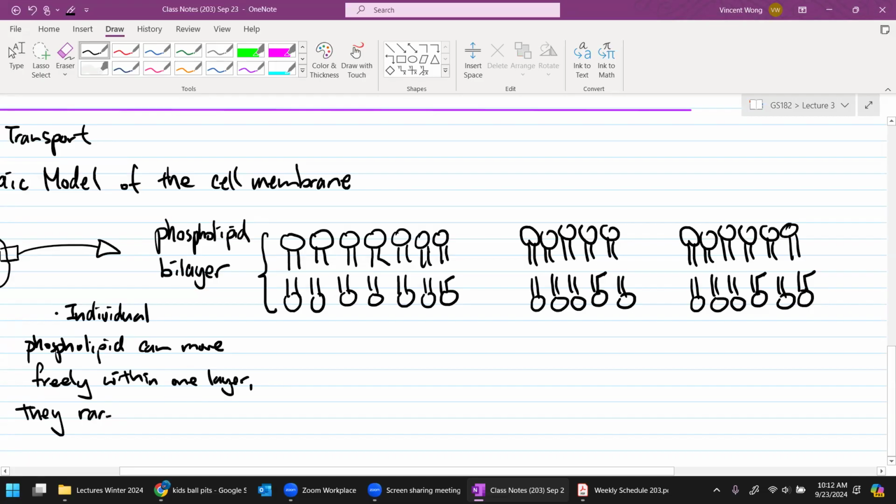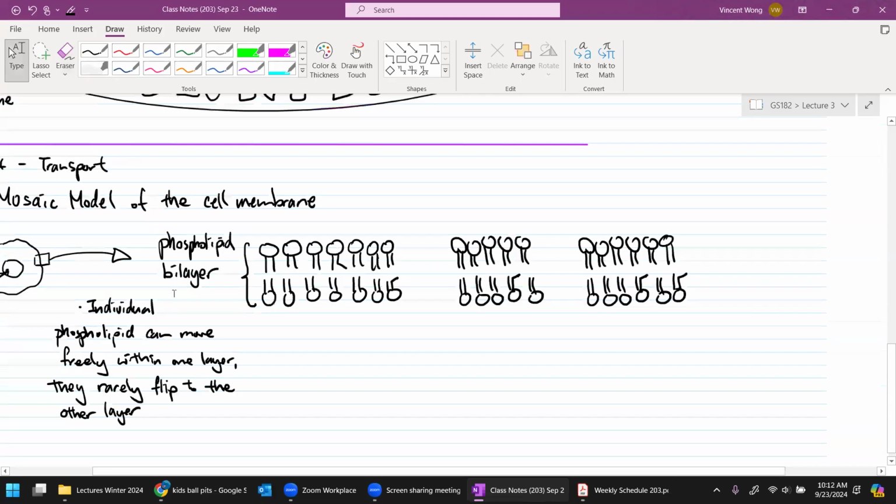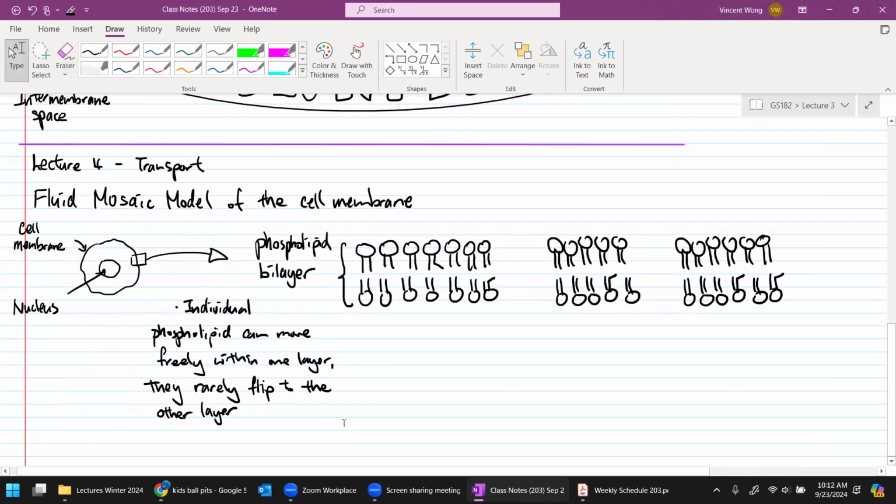They rarely flip to the other layer. Okay, understanding the structure of the cell membrane will help you answer a few questions on the lab. Right? So if you're stuck, make sure you come back to here to try to find the answer.